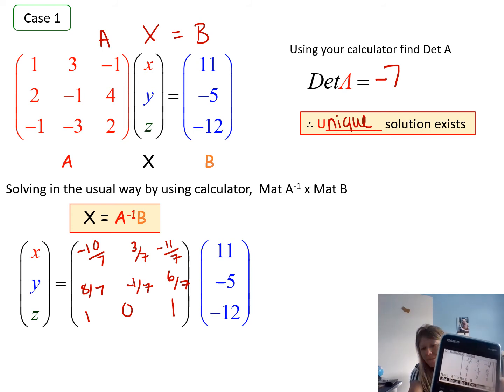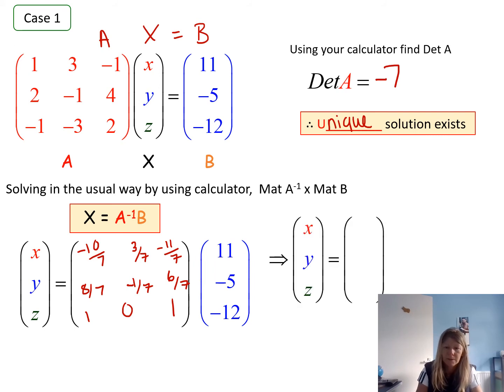You see that? Matrix A inverse times matrix B. And then it gives me a nice one. Really nice numbers there: 1, 3, minus 1.